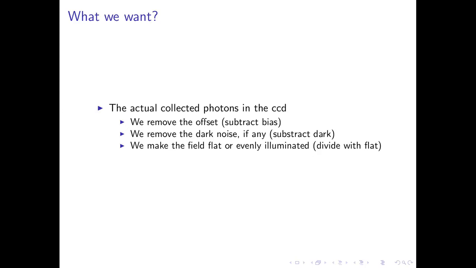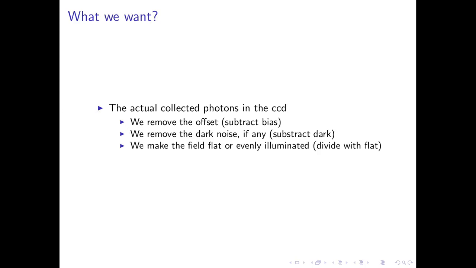The dark noise, however, has to be the same exposure. The dark frame has to be the same exposure as your light frame. So if you take 600 second exposures of an object, you would need dark frames of 600 seconds, preferably 10 dark frames or more to be combined. That's a detail, but just to put it out there.